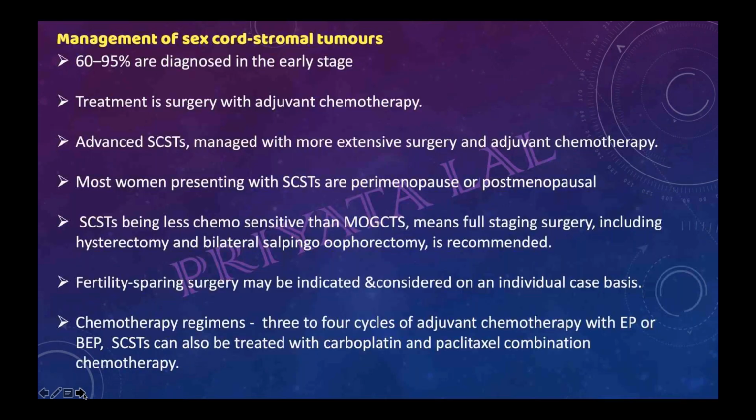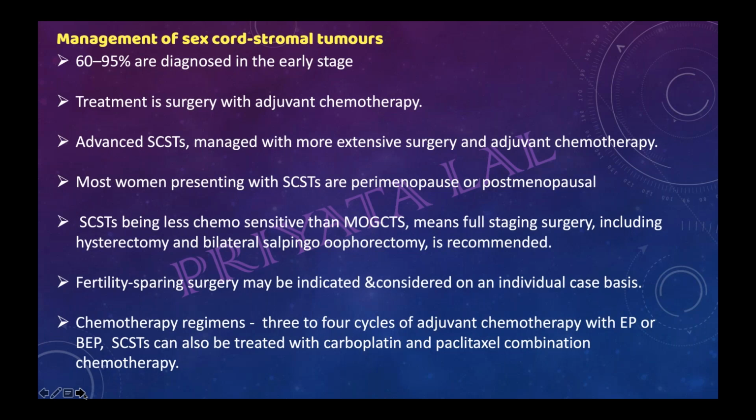Okay, now again, this is the sum up from the top. What they say is that most of them, 60 to 95%, are present in early stages. Treatment will be surgery followed by adjuvant chemo. And if advanced tumors are diagnosed, then more extensive surgery, that is debulking surgery, complete staging surgery, and adjuvant chemo is required.